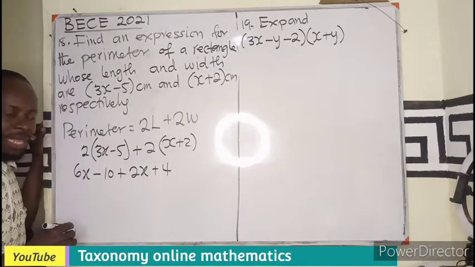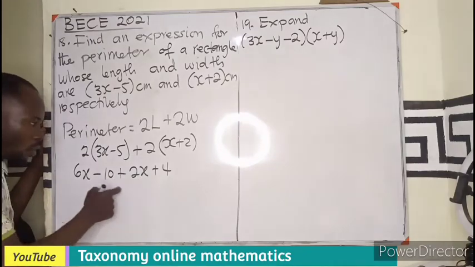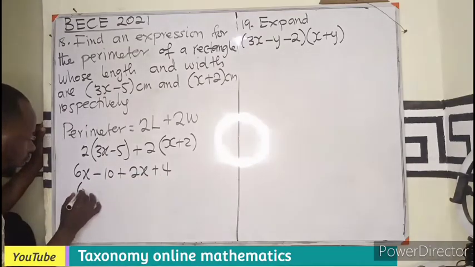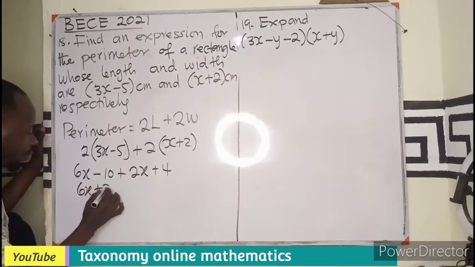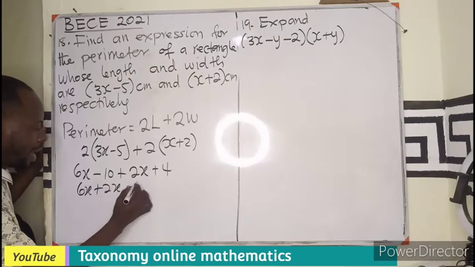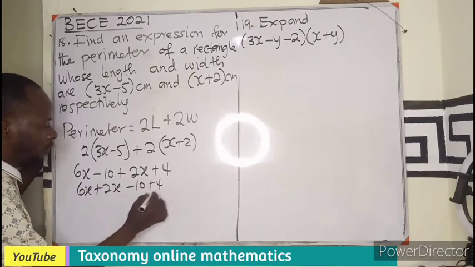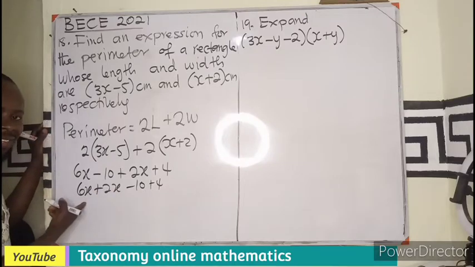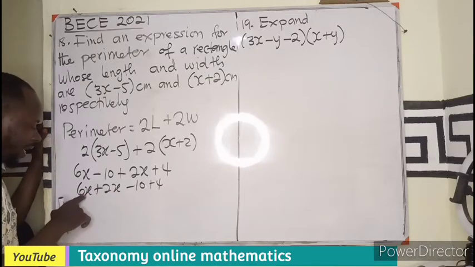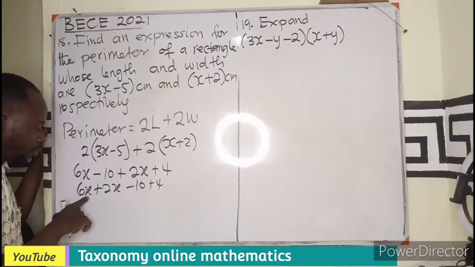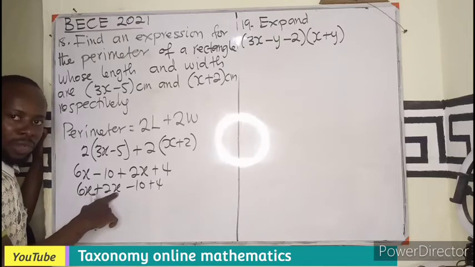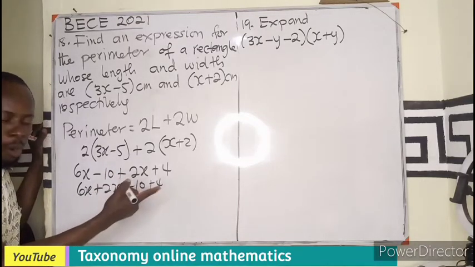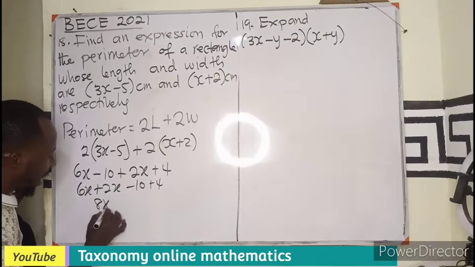Here we can group like terms, the variables together, constants together. So 6x plus 2x, then minus 10 plus what? 4. I believe the x is just a branding, as in 6 green ball plus 2 green ball. That will give us what? 8 green ball. So it will be 8x.